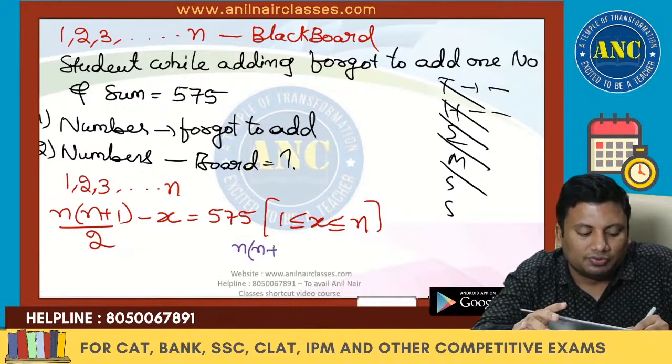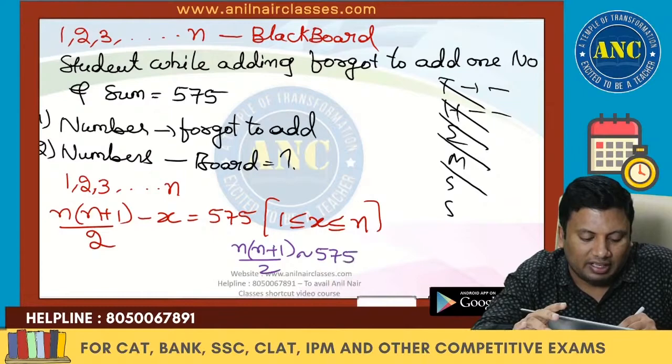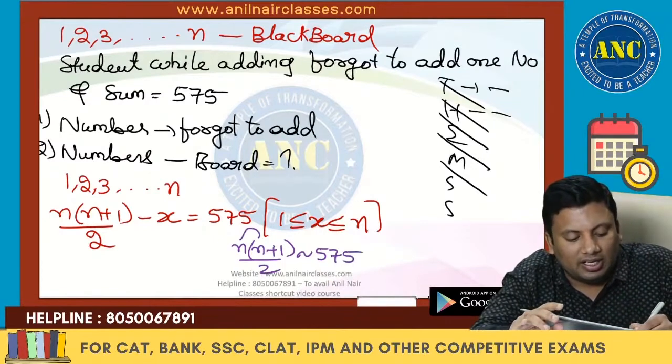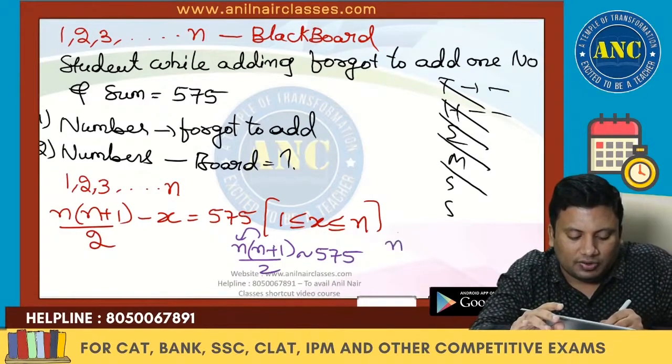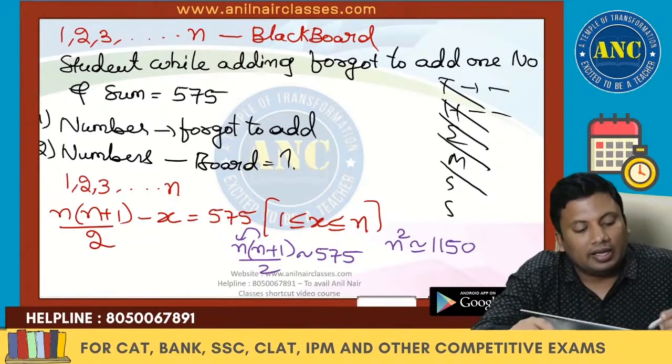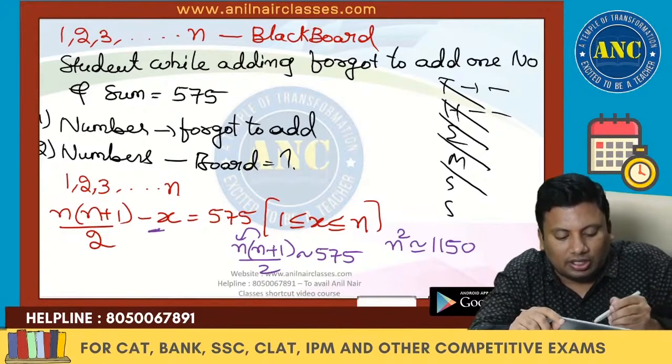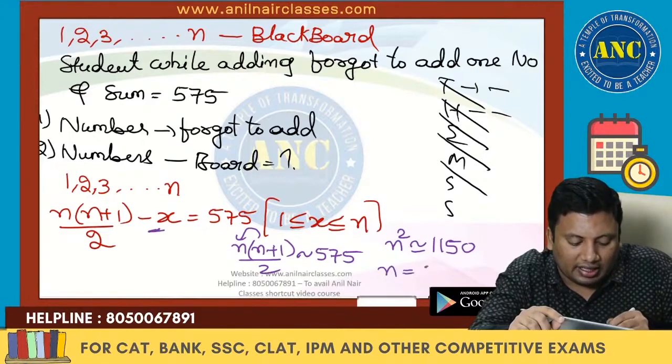N into n plus 1 by 2 is nearer to 575. N plus 1 is nearer to n. N square is nearer to 1150. It is minus, so take a square just greater than that number, 34.